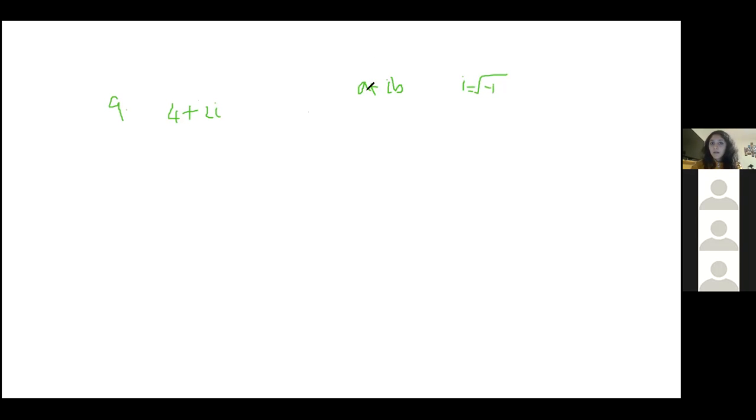An alternative form to express this complex number, let's call it z, is to write it in terms of r, which is the magnitude, e, which is Euler's number, to the i, which is the imaginary number, and then theta. So this is the polar form because we have r and theta.